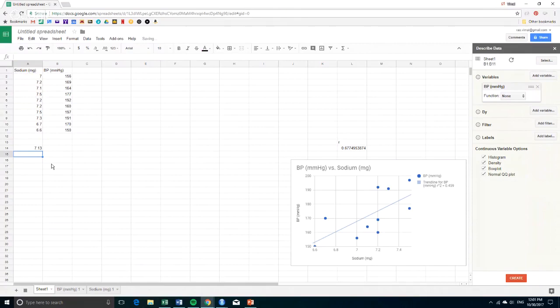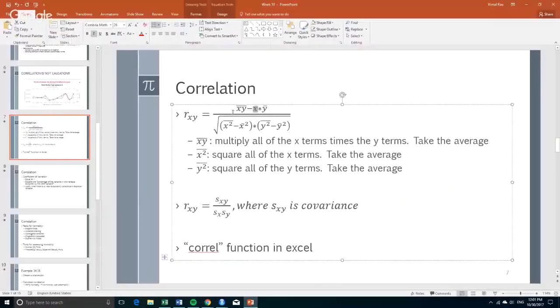If you want, you can also sum them all up and divide by the number of observations. I'm not going to do that though. So the average of all of the sodium observations is 7.13. Similarly, the average of all the blood pressures is 172.6. So this is our X bar and Y bar. What else do I need? I need X, Y bar.